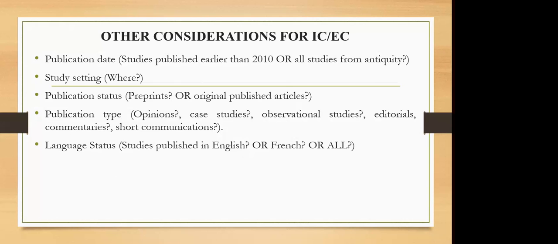Or I'm interested in studies that are published during a particular duration, only studies published during the pandemic from 2019 to 2022. So that can also form part of the consideration in your inclusion and exclusion criteria.